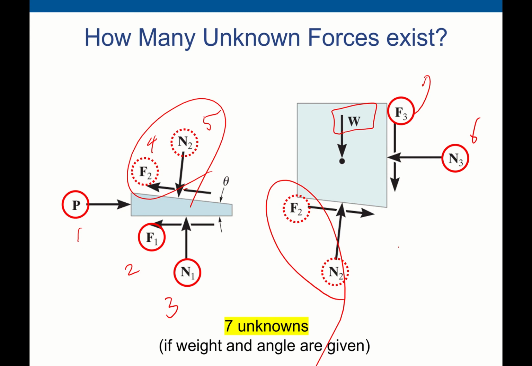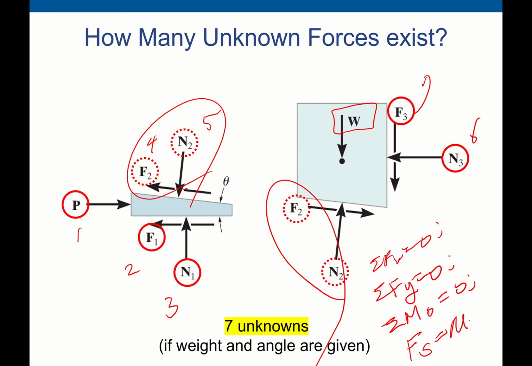Remember, we have the equilibrium equations: sigma Fx equals 0, sigma Fy equals 0, and the moment about any point O should be equal to 0. Another one is that if this is in impending motion, the static frictional force is equal to the coefficient of friction times the normal force. So we have a total of 4 equations.